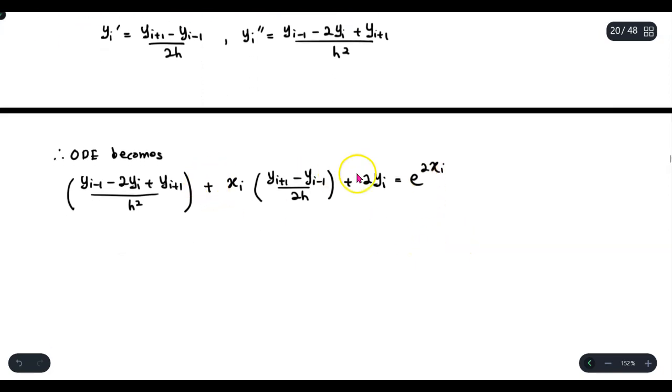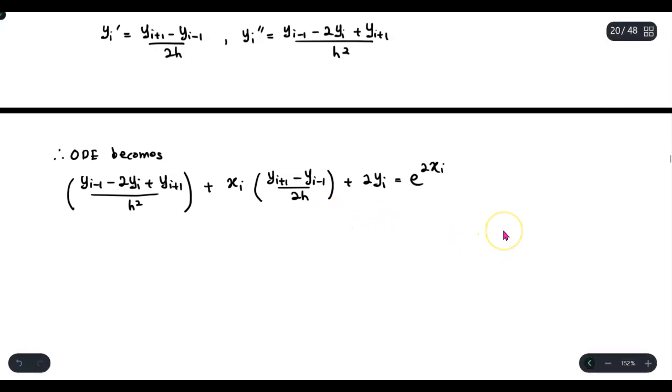So now this is already in finite difference form, your ODE in finite difference form. But we want to simplify this expression as much as possible, because the simpler the equation that you have, the easier your next calculation will be.